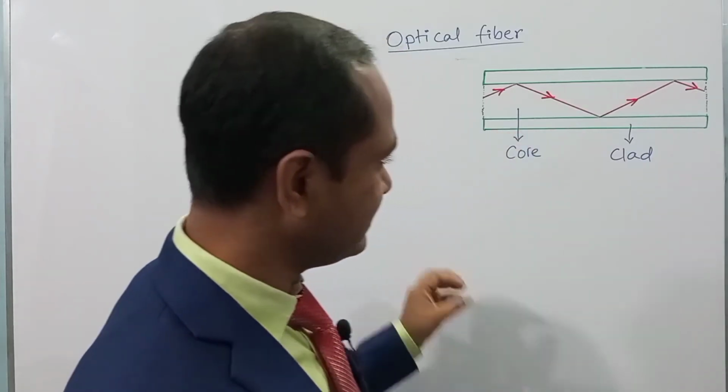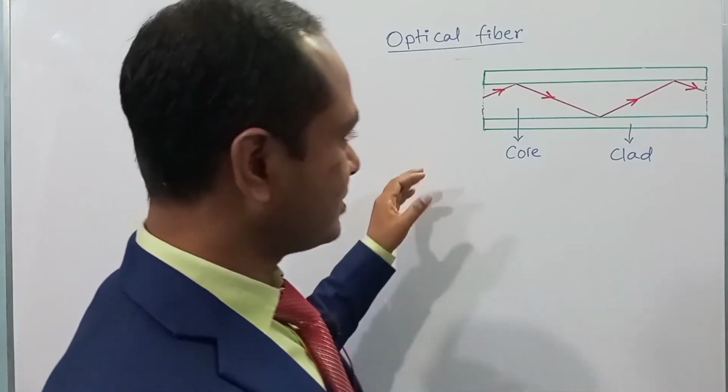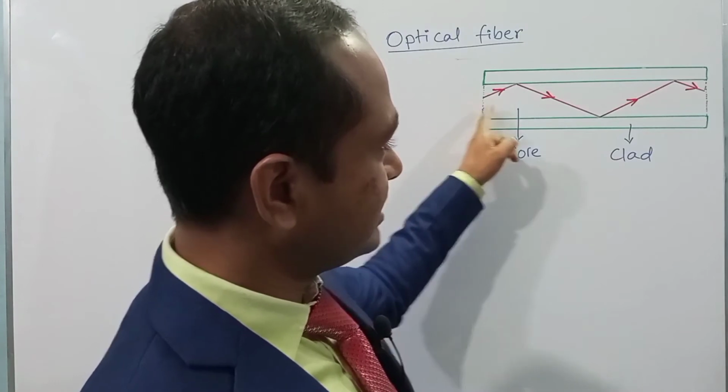So optical fiber is a glass tube through which total internal reflection takes place, and the light will pass from one end to the other end without any diminution or loss of energy. Okay, dear student. So now we can give the definition of optical fiber.